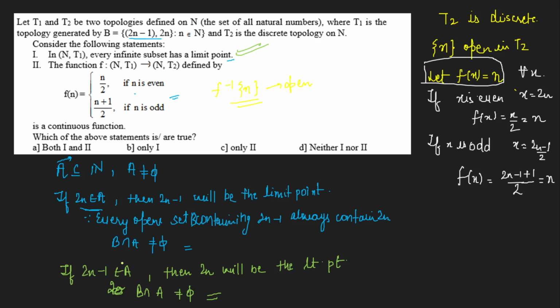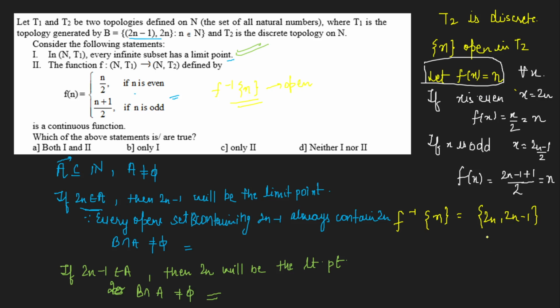Now what I can do here, I can find out f inverse of n. So let's find out f inverse of n. So it is all the elements of x, and what are these x? x will always be 2n comma 2n minus 1, these types of elements, because you can see that for a particular n, if I have 2n, then I'll get n, for 2n minus 1, then I'll get n.